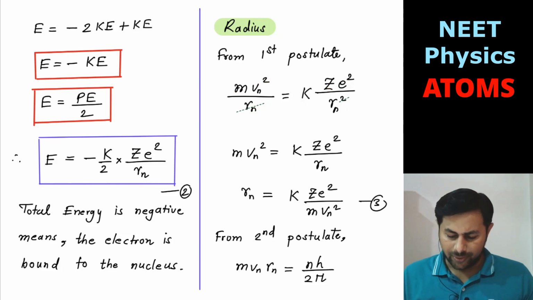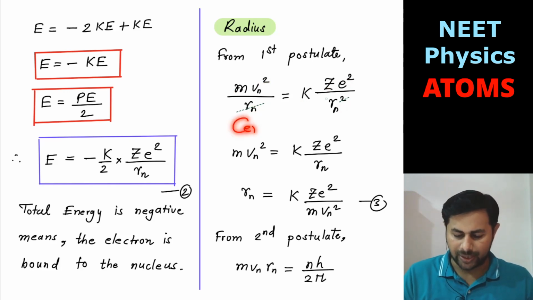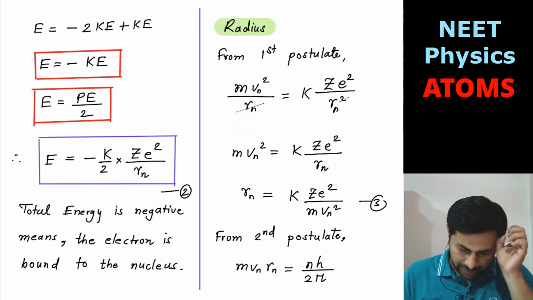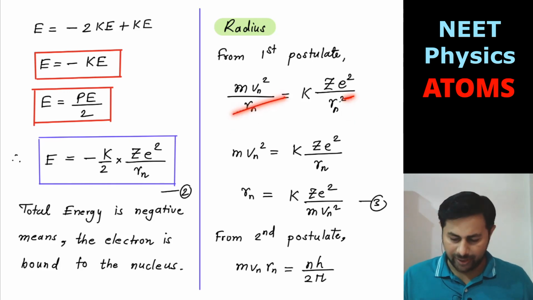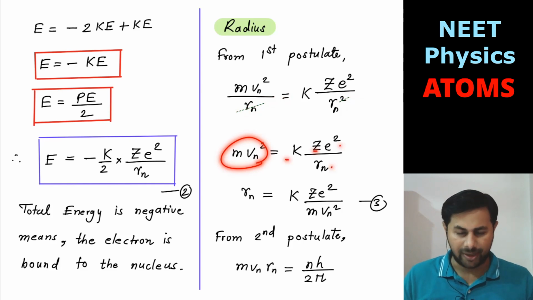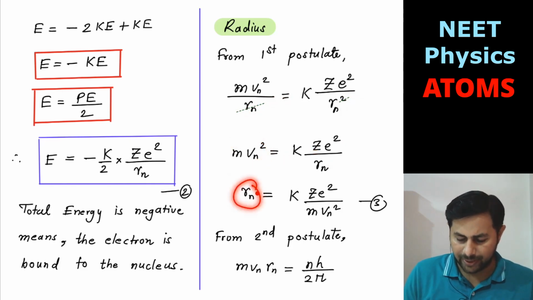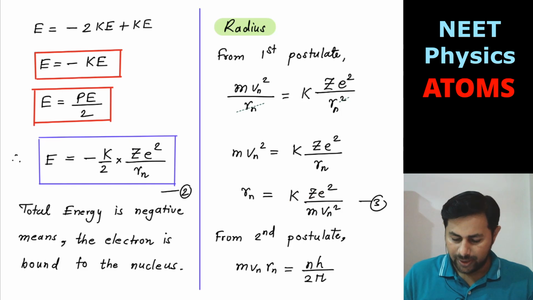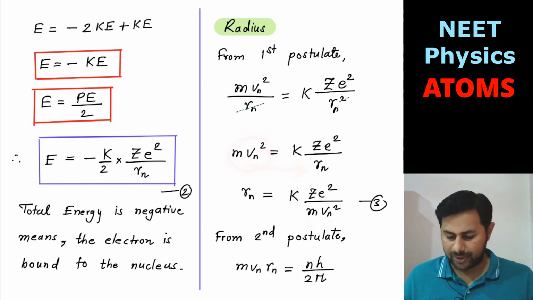Then you can cancel out this Rn with Rn square, and you get mv square is equal to k times Z square by Rn. And if you want Rn, just move this thing to this side. So Rn is equal to k times Z square divided by m times Vn square, in the denominator.